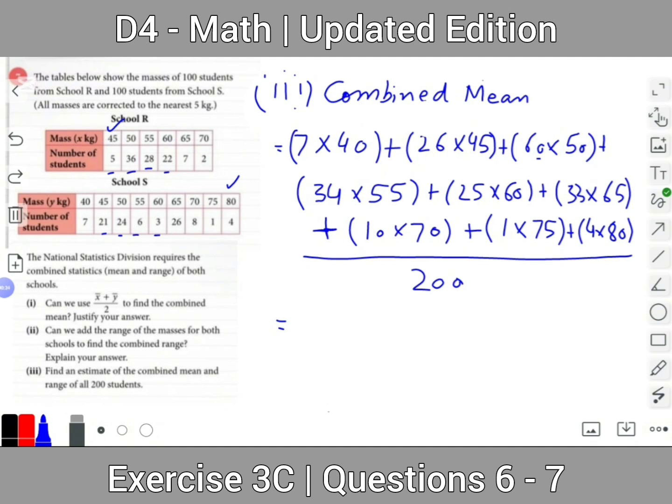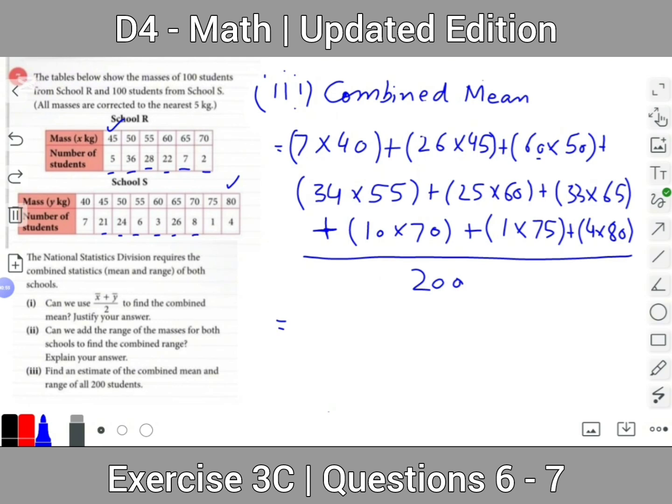We get 33 just by adding up 7 with 26, and we get 10 by adding up 8 and 2, and we continue 1 and 4. Now we will make calculations here.